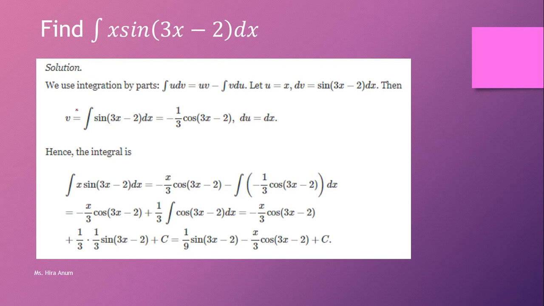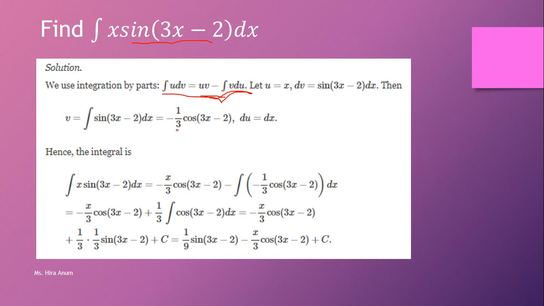Here you can see another example. First, u equals x, dv equals sine (3x minus 2). You can see this formula is simply first as it is, second's integration, sine integration is minus cos, which becomes minus cos (3x minus 2) over 3. Then du equals dx.